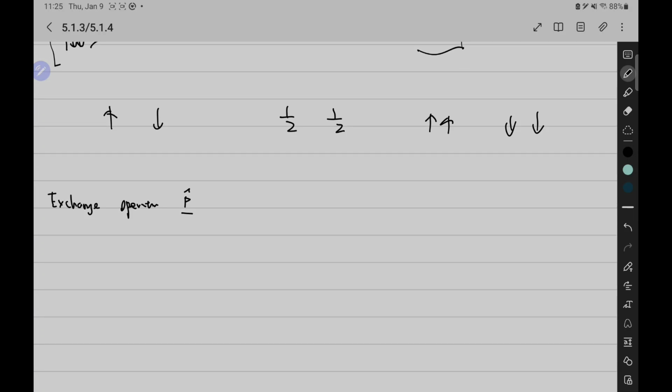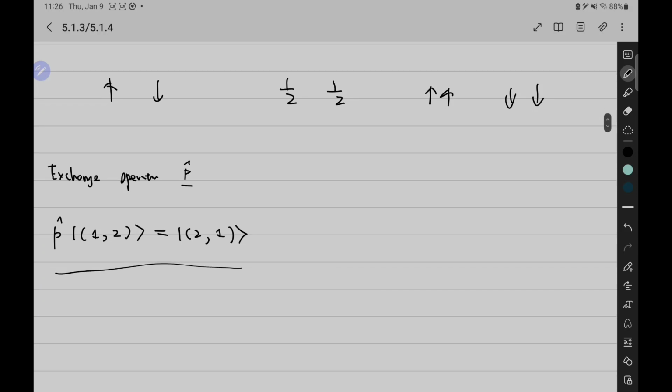What the exchange operator does is that it interchanges two particles. So when you apply the exchange operator to (1, 2), it swaps, in other words exchanges, the particles.